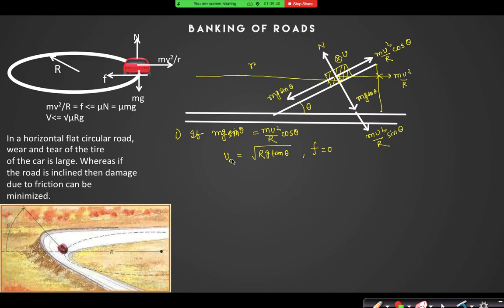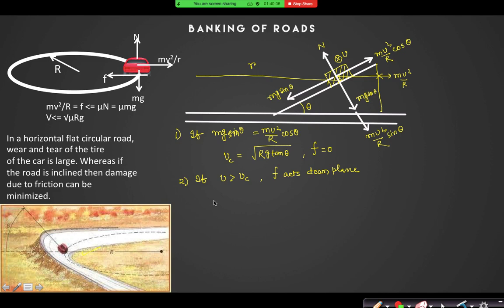Upward, in the direction of mv square by r cos theta, yes or no? Yes, sir. So in that case, in which direction will friction come into play? Downward, along the incline. So if I now take the second case, that v is greater than v critical, then friction acts down the plane.